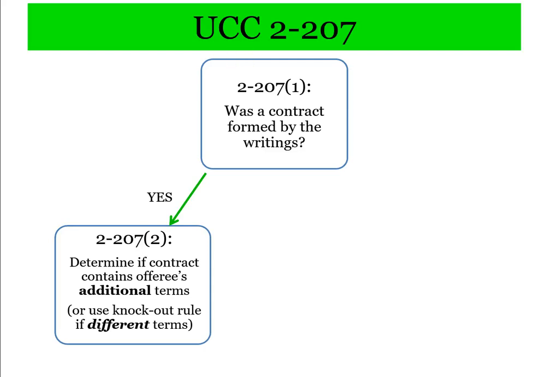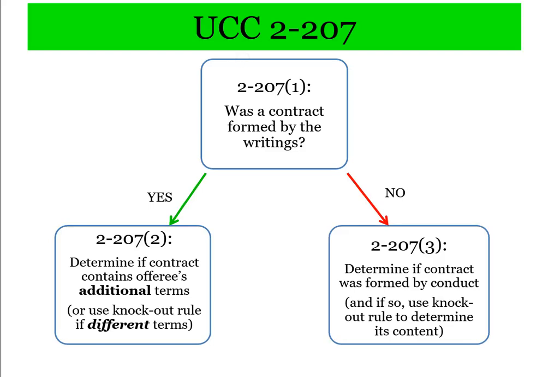If, on the other hand, a contract was not created, then you go to 2-207(3) to determine whether the parties created a contract based on their conduct, and if so, what terms that contract contains. You never use both 2 and 3. It is either or.